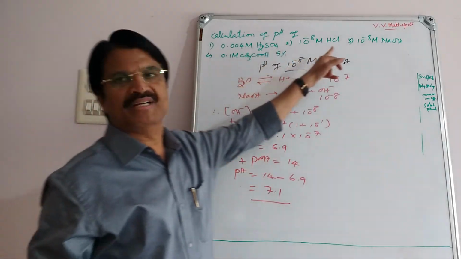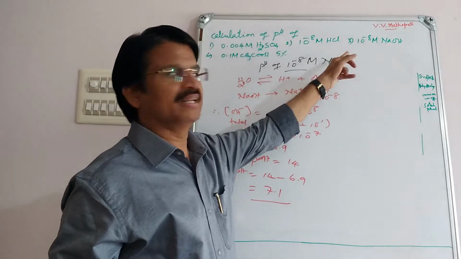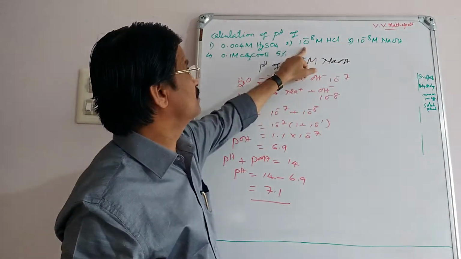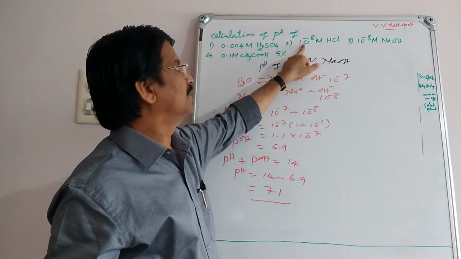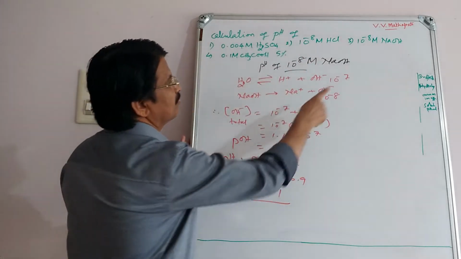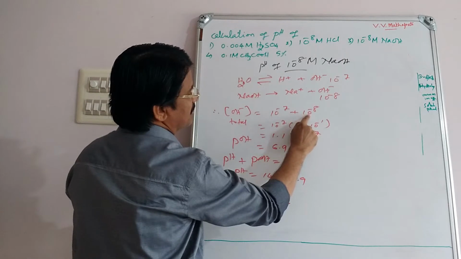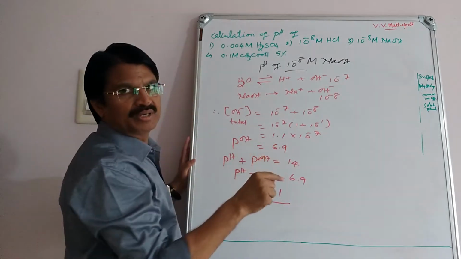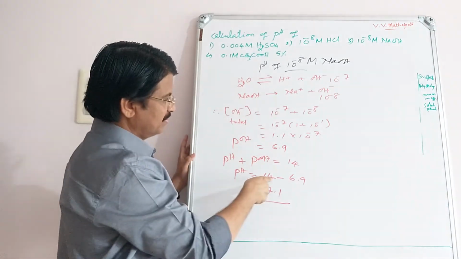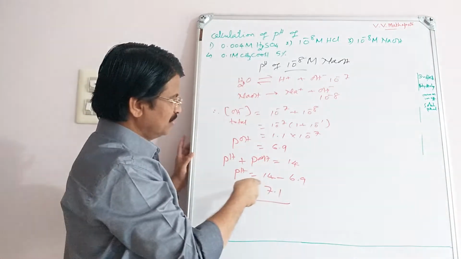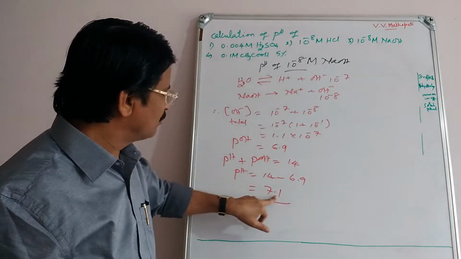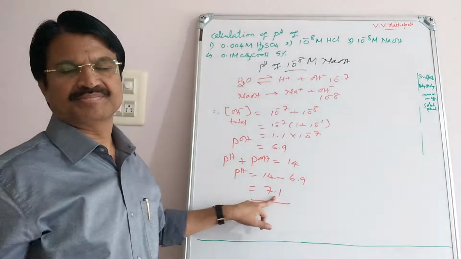This is the type you have to calculate for the pH of a base like 10 raised to minus 8, 10 raised to minus 9, or even 10 raised to minus 7. If it is 10 raised to minus 7, then it is 2 into 10 raised to minus 7, then log 2 value is 0.3010, 14 minus 0.3010 is 7.6990.